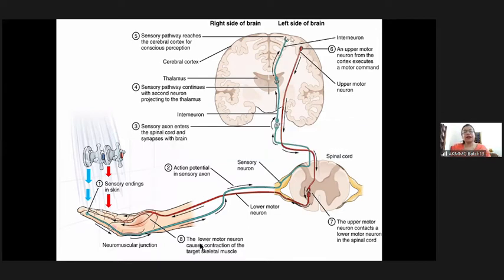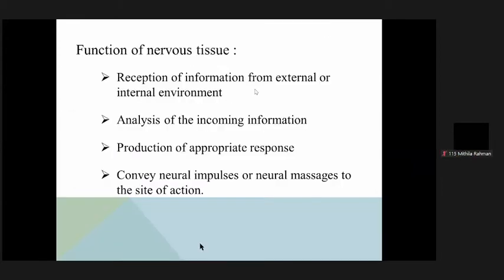Then after production of appropriate response, what will happen? They convey that response or nerve impulse to the site of action. তাই না? এই ছবিতে আমরা তো তাই শিখেছিলাম না? Yes ma'am.